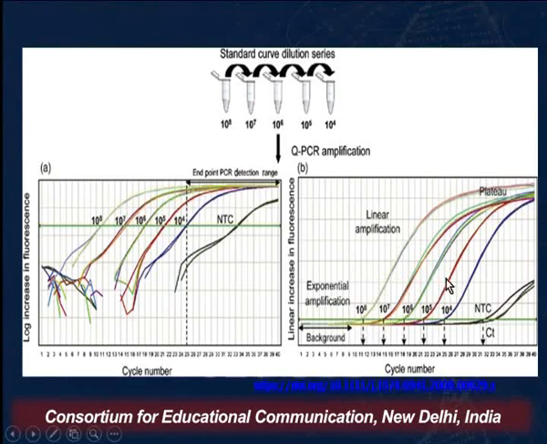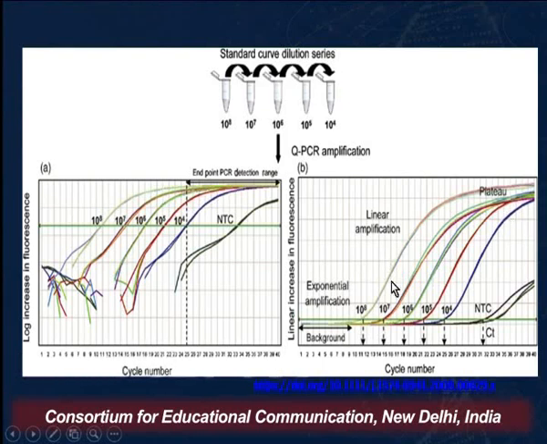That means that with further increase in the copy number, the fluorescence does not increase, because the polymerase is exhausted, there is no more amplification, and therefore a plateau comes, with no more fluorescence increase after that.